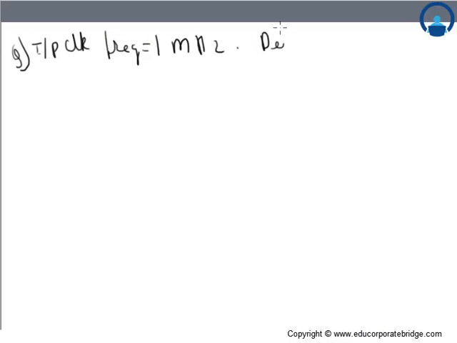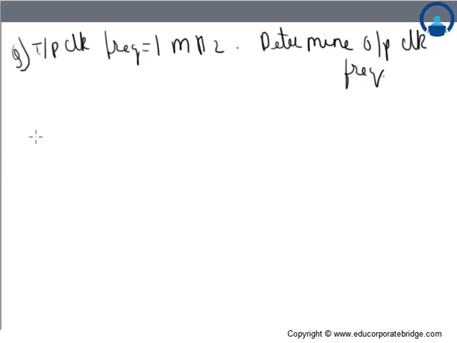To summarize the operations of all the counters, whether synchronous, asynchronous, or different kinds of mod counters, let us take one simple problem of how to calculate the mod for different counters. Let's say the input clock frequency is 1 megahertz. Determine the output clock frequency.